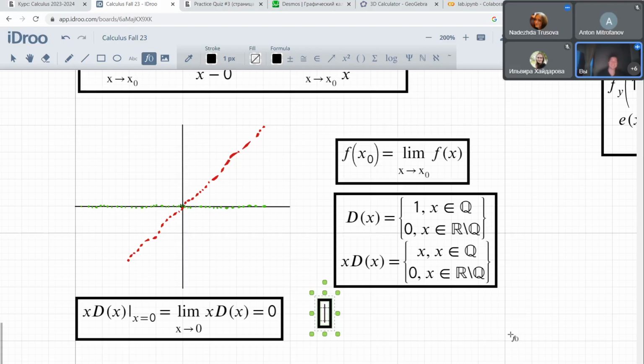Yes, you're quite right. Taking any other possible point, if this point is rational, then in every neighborhood you have some non-zero value x, and in every neighborhood you will find a point with value 0. Yes, we will find a rational point where the value is 0.